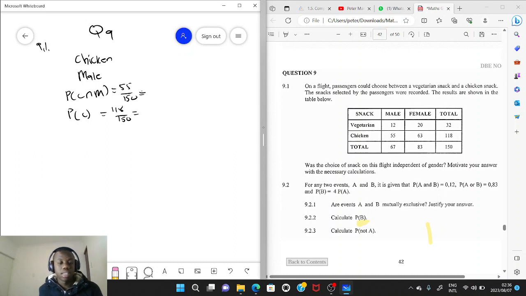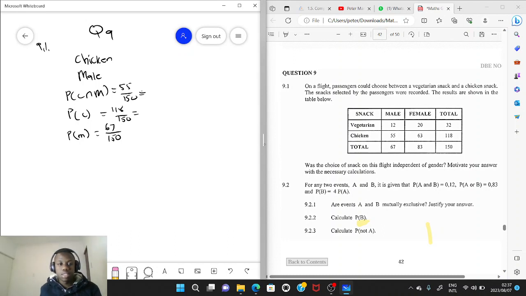And then the other thing I consider is the probability of male, so I want the total number of males. That's 67 over 150.